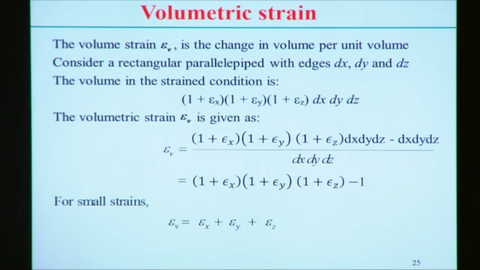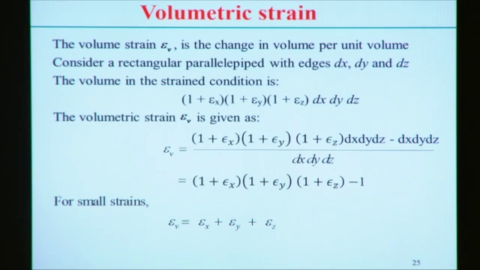Now if we try to estimate the volumetric strain, which is the change of volume per unit volume, it can be calculated by simply considering a rectangular parallelepiped with edges dx, dy and dz.